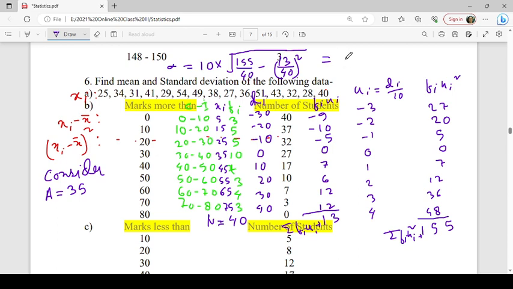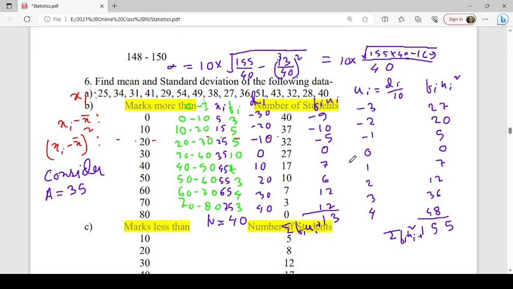So it is equal to 10 into, denominator is 40, numerator is 155 into 40 minus 169. Compute the value, use calculator, and you will have it. So this is the way of finding standard deviation.